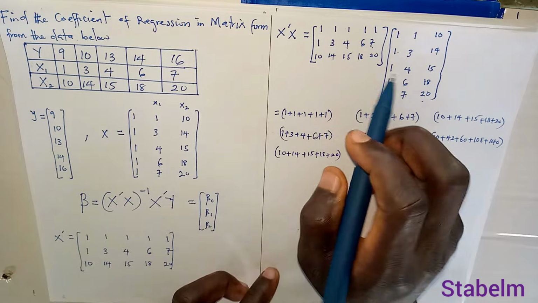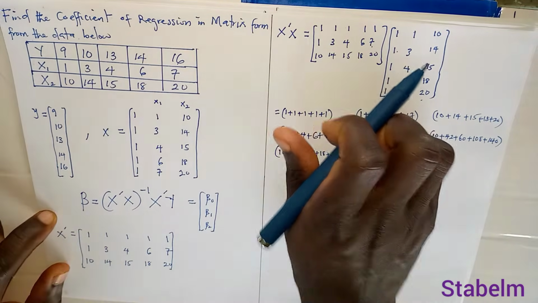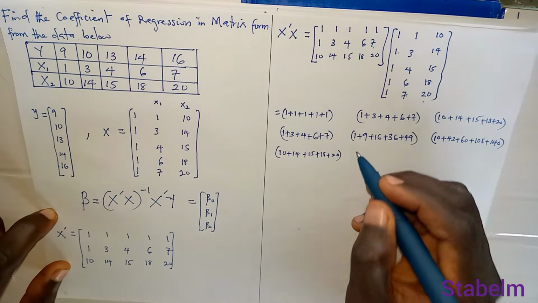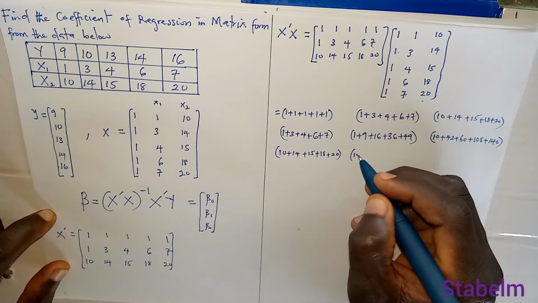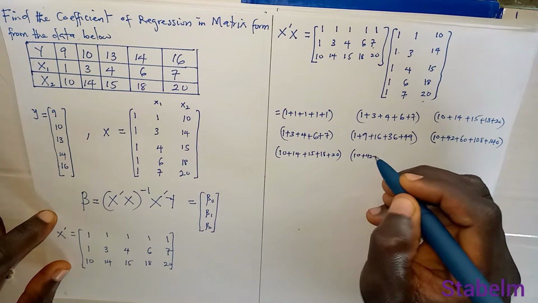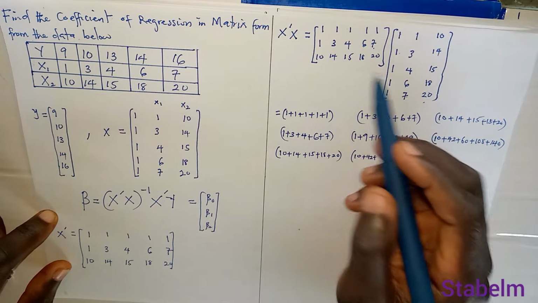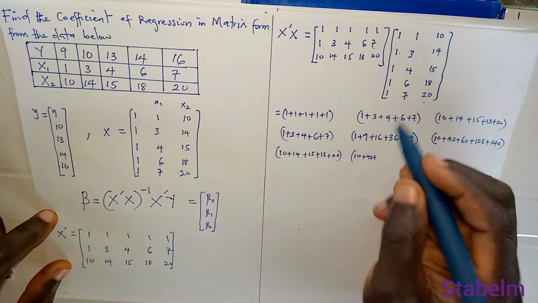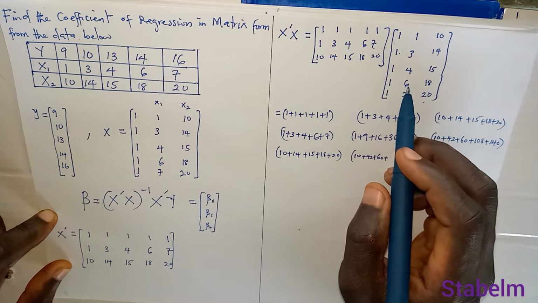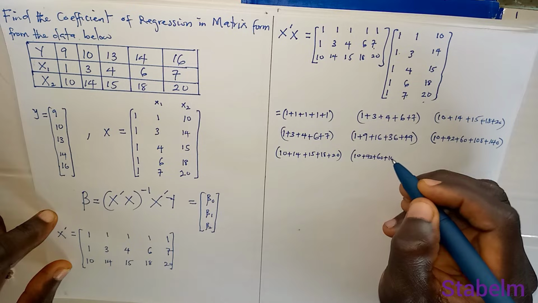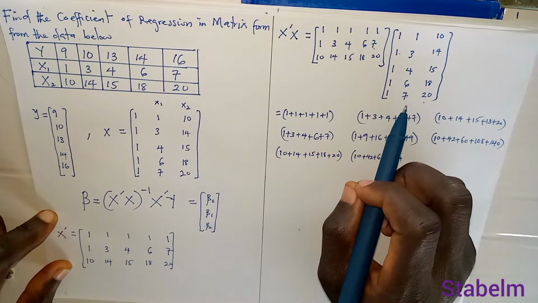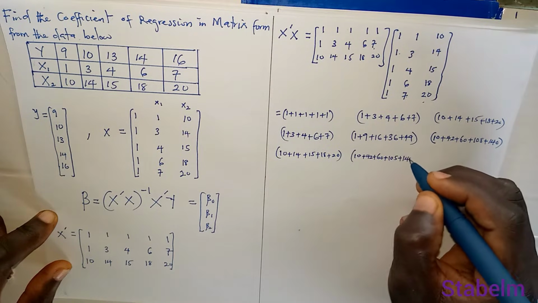Now we are using this last row to multiply the second column here. That is 10 times 1, that will give us 10, 14 times 3, 42, plus 15 times 4, 60, plus 18 times 6, that is 108, plus 20 times 7, that's 140.